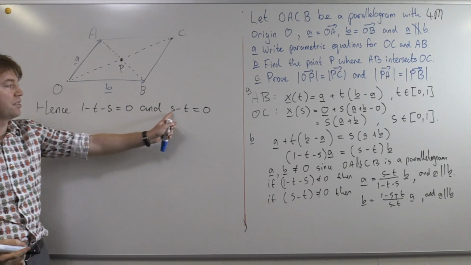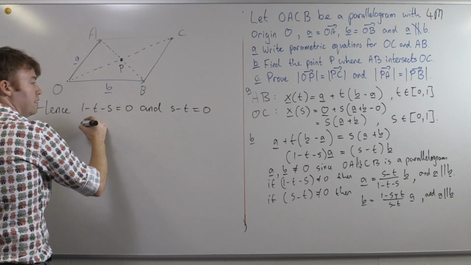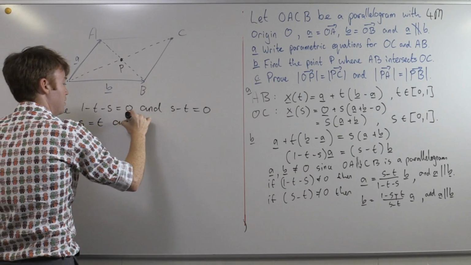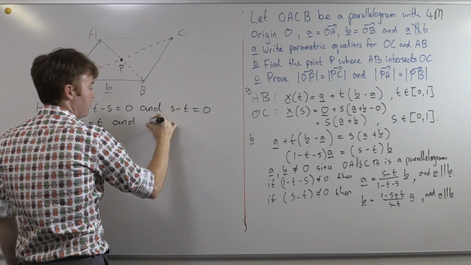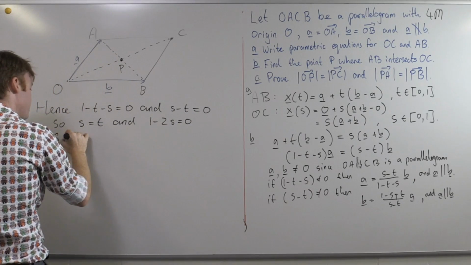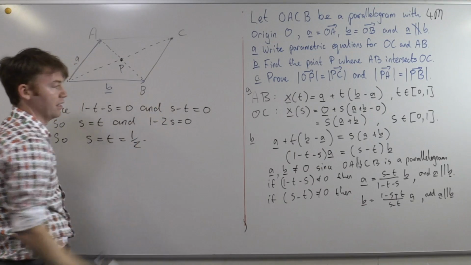Good. So this means S is equal to T, and this one tells us that 1 minus 2S is equal to 0. So S is equal to T, and they're both equal to 1/2.